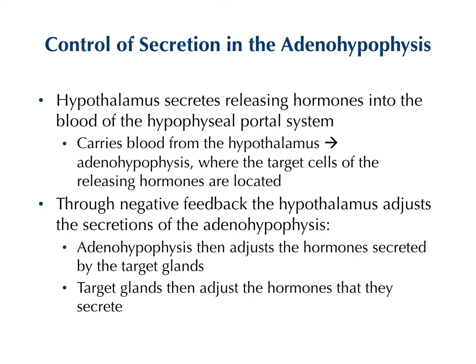When the furnace produces enough heat to reach the set point on the thermostat, then the thermostat triggers the shutoff of the furnace, or it's feeding back negatively on the source of heat. So when the temperature drops back below another set point and the negative feedback is gone, the furnace will come back on. So feedback loops are used extensively to regulate the secretion of hormones in the hypothalamic pituitary axis.